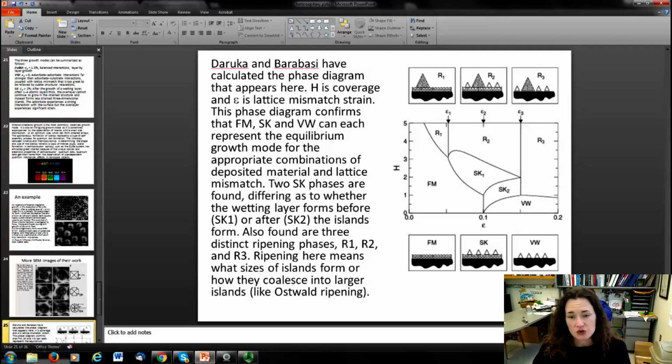So here, 2 SK phases are found, differing as to whether the wetting layer forms before or after the islands form. And then there's also these ripening phases, designated R1, R2, and R3. Ripening here, if you remember, means what sizes of islands form or how they coalesce into larger islands, like the Ostwald ripening that we discussed in previous lectures. So you can see here you get different growth modes depending on what the strain is, what the coverage is, and how you treat the film.